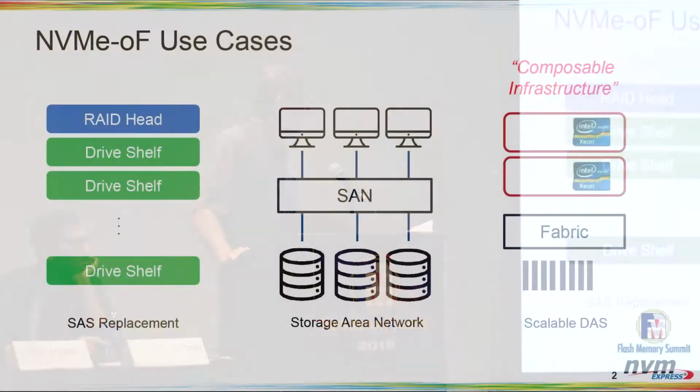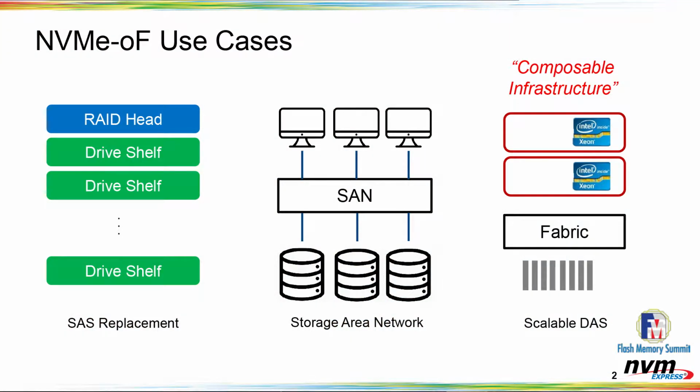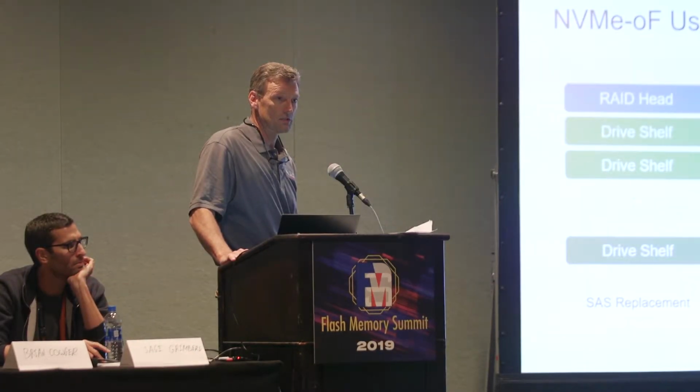The third category is taking today's DAS model, which is employed by a lot of hyperscalers today, and coming up with something called scalable DAS. This is where we take these SSDs out of the application server itself and turn those servers into stateless servers that are just there to run applications. They have no storage.